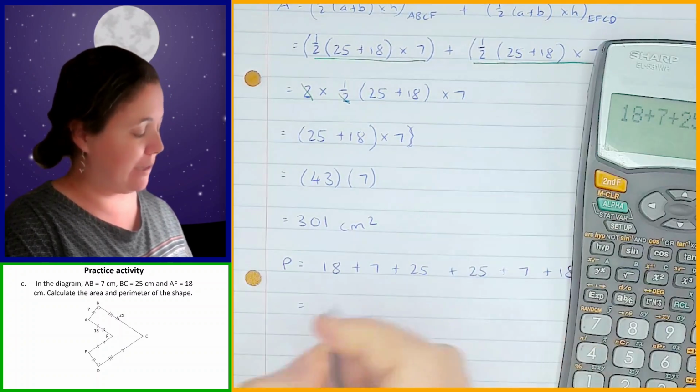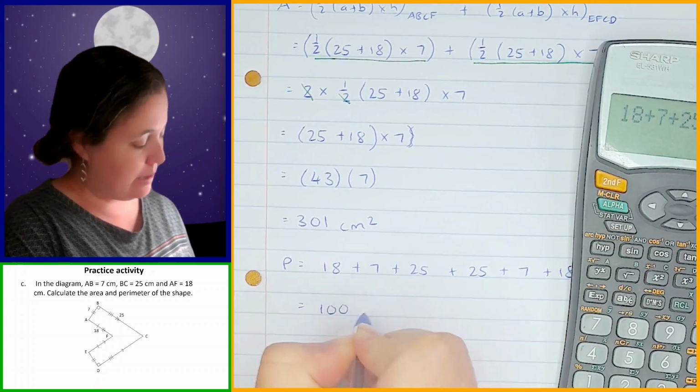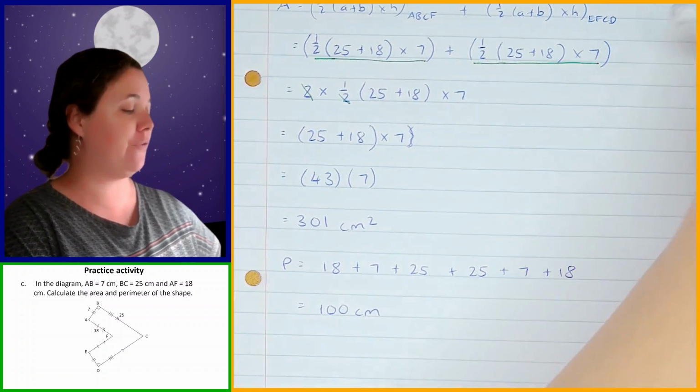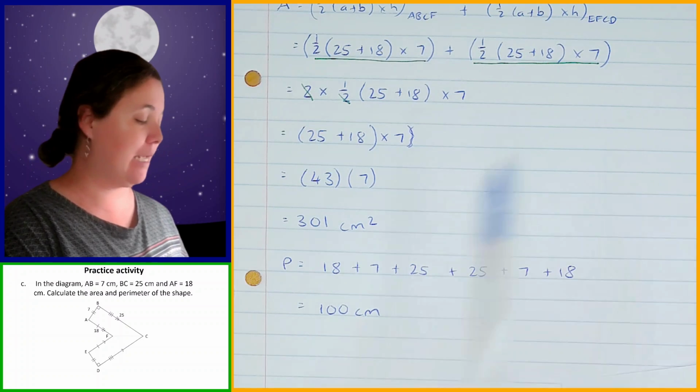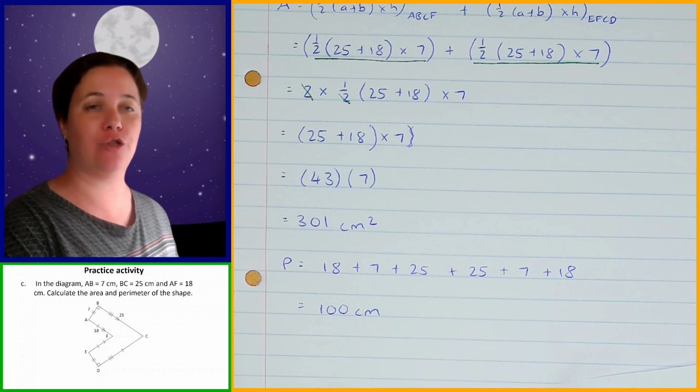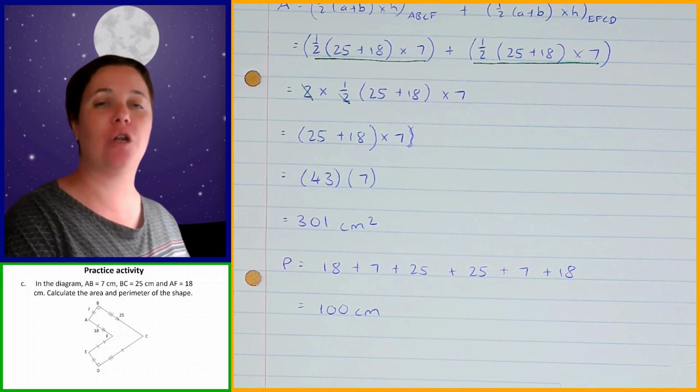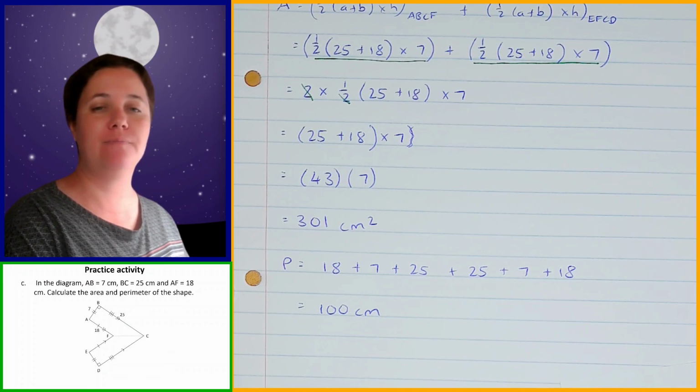And that gives me 100 centimeters. So you should have found that the area for the shape is 301 centimeters squared and the perimeter is 100 centimeters. Okay, now let's go on to the last question for today.